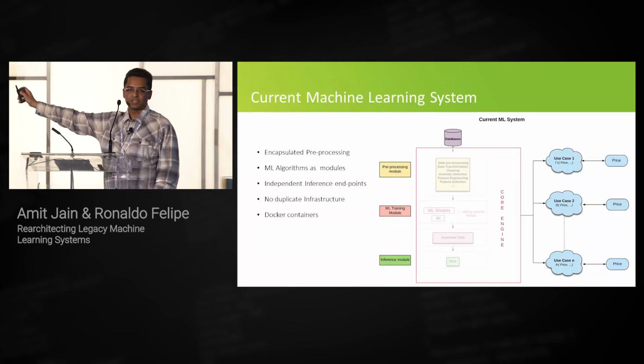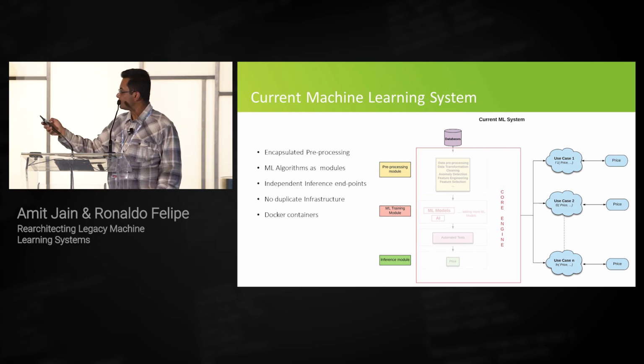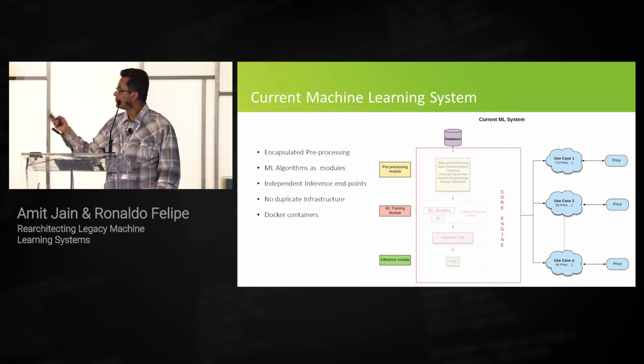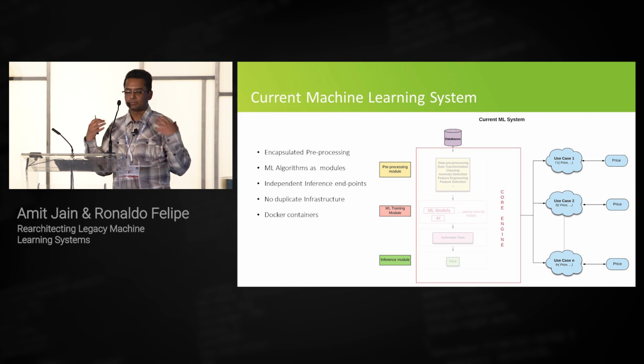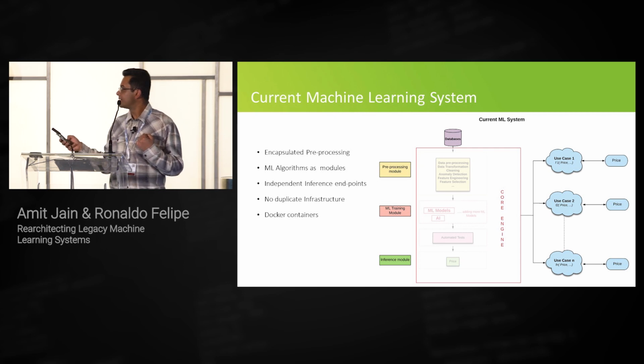So this is our current machine learning system at a very high level. What we have done is encapsulate all these services as modules. This pre-processing module does the data transformations, all your outlier detection, cleaning, and then we have the training module.